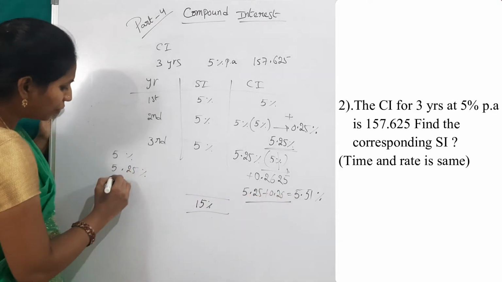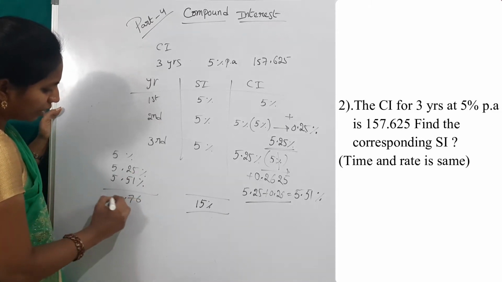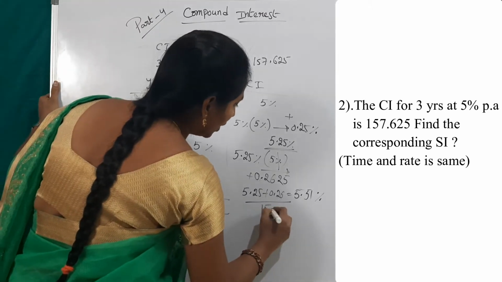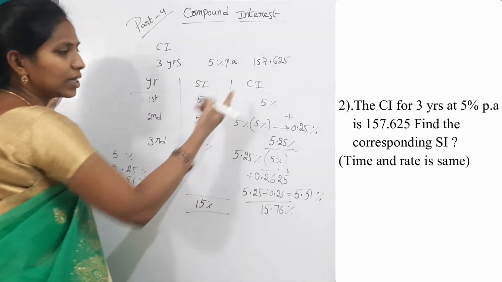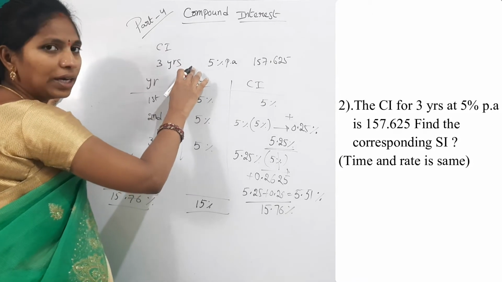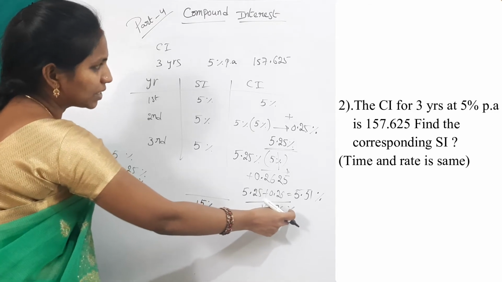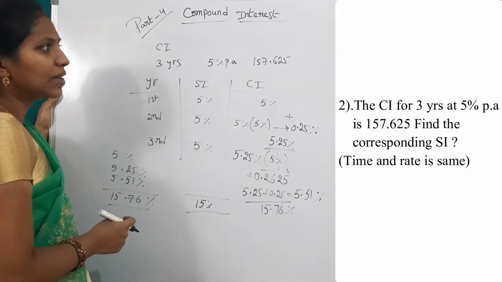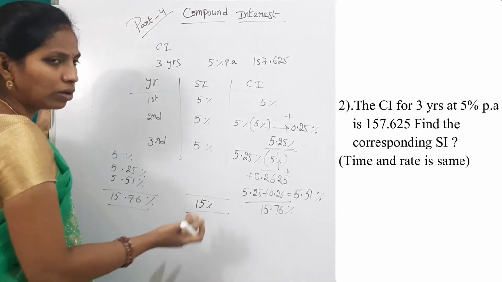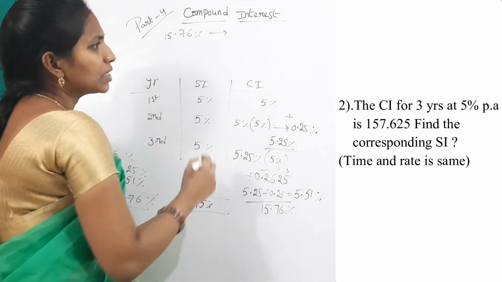Then here 6, 7 and 15. 15.76%. 15.76% in the case of compound interest. Here compound interest details are given. Find out the corresponding simple interest. 15.76% is equal to 157.625. Then find out 15% is equal to how much?